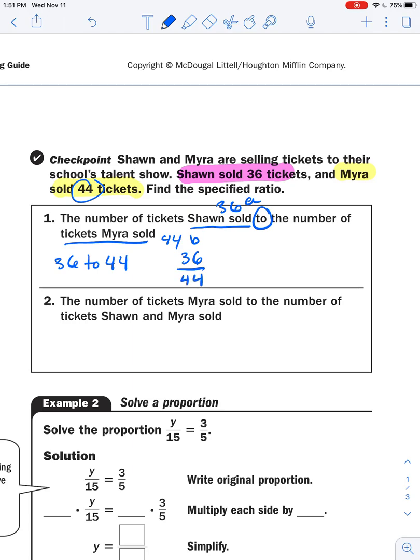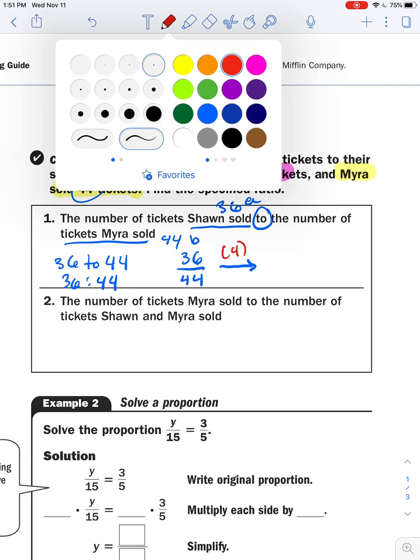The most common way is definitely writing it like a fraction. Now, if I write it as 36 to 44, or 36 to 44, it doesn't matter. I still need to simplify it. So let's think about what number goes into both of those. 4 goes into both of those, and you might have to do a little thinking depending on how good you are at mental math.